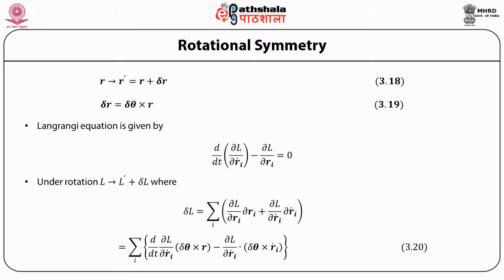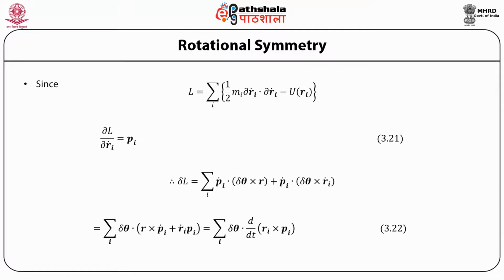Using the Lagrange equation, ∂L/∂r_i is d/dt of ∂L/∂ṙ_i, and delta r_i is equal to delta theta cross r_i. Substituting for delta ṙ_i, delta L can be written as the sum over i of d/dt of ∂L/∂ṙ_i into delta theta cross r_i, plus ∂L/∂ṙ_i into delta theta cross ṙ_i.